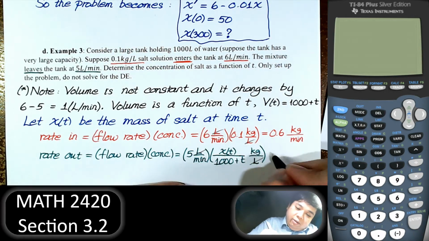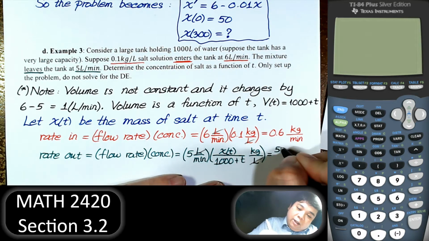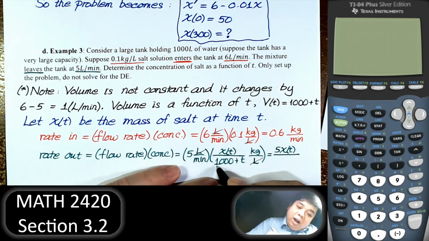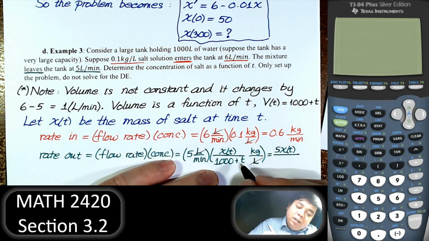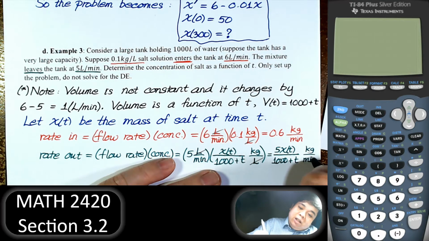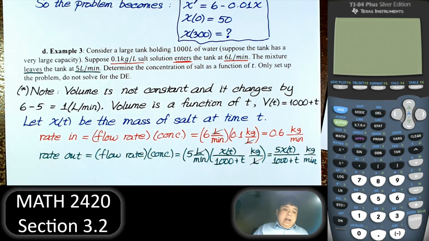So we have 5 x of t over 1000 plus t, in kilograms per minute. So that is the rate coming out, and the net rate is the rate coming in minus the rate coming out.